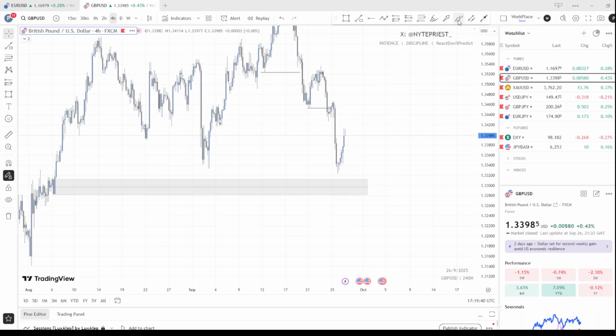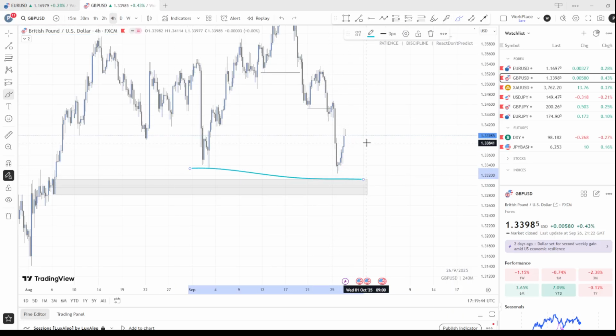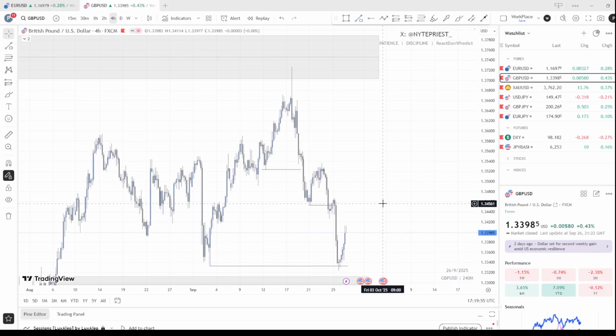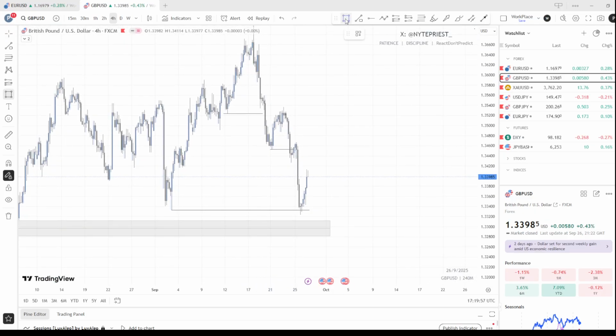I was expecting price to tap in, then expect a reaction, but price came here, cleared this liquidity, and then started reacting from that after clearing the liquidity. So I'll be looking for a reaction on this zone or this zone.